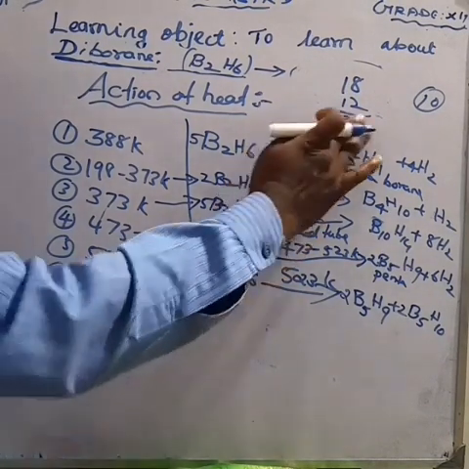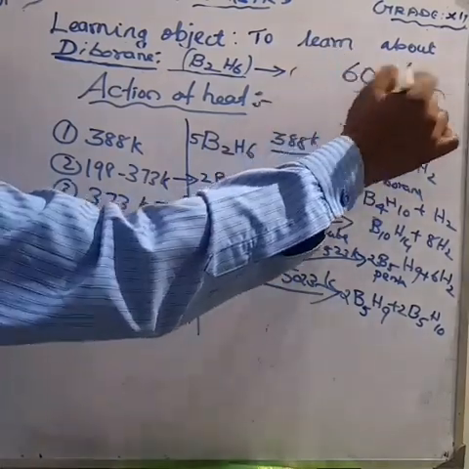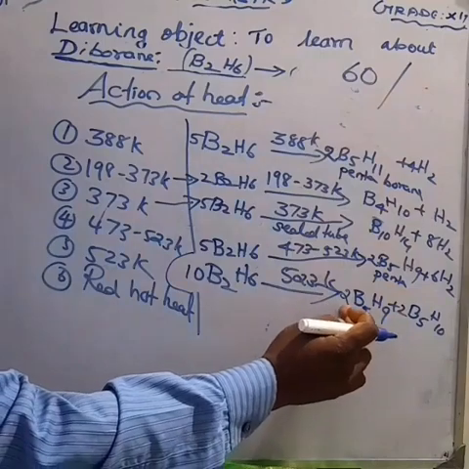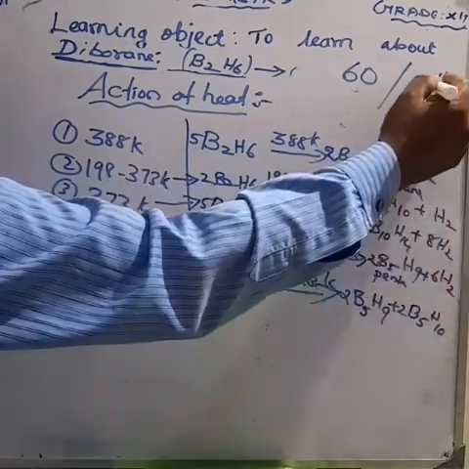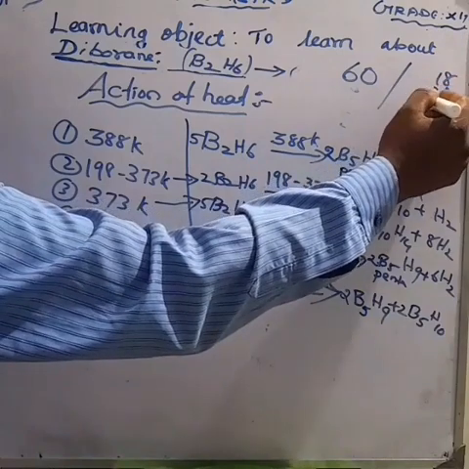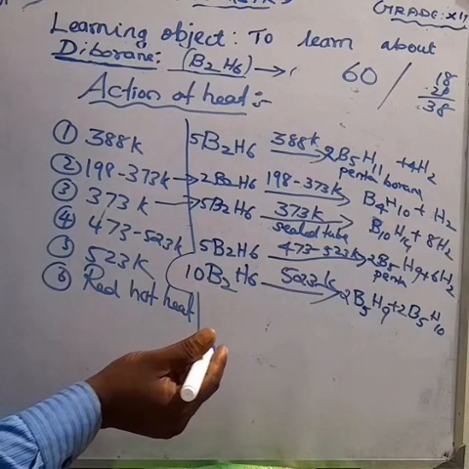What about the hydrogen? The reactant side: 10 into 6 is equal to 60. What about the product side? 2 into 9 is equal to 18, plus 2 into 10 is equal to 20, we get 38. What is the remaining?